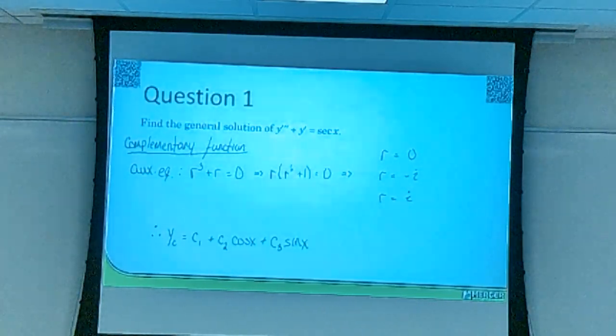Now explain how you got cosine and sine. Why is it cosine of x and sine of x?